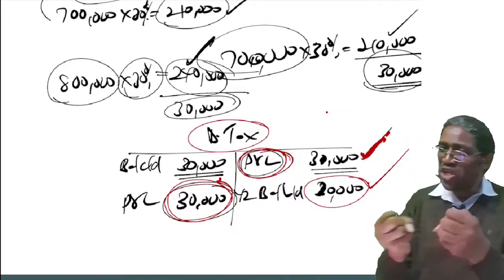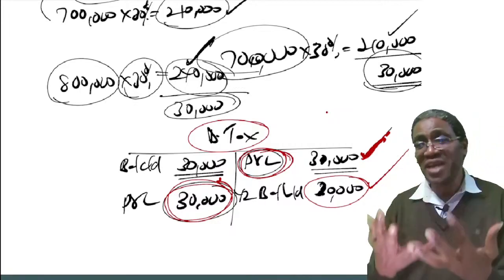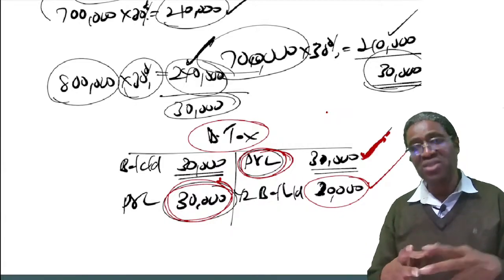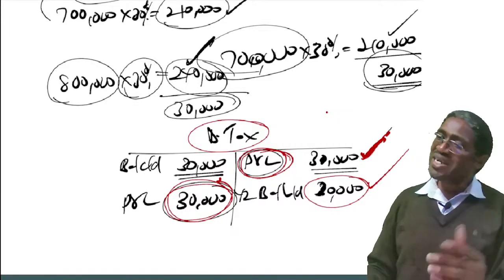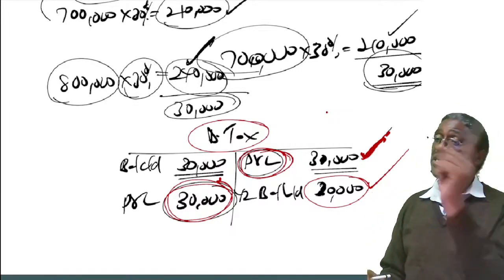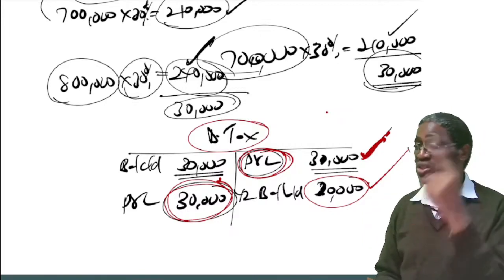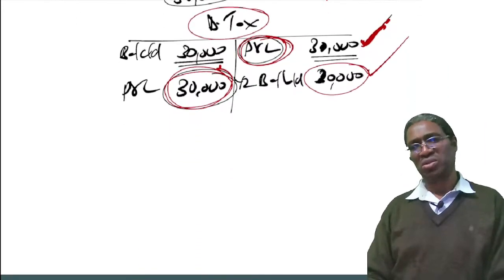It means I recall it from there. How do I recall it from there? By debiting deferred tax, which means I credit P&L. By crediting P&L with 30, am I increasing the 50 on the debit or reducing? I'm reducing. Okay? Good.